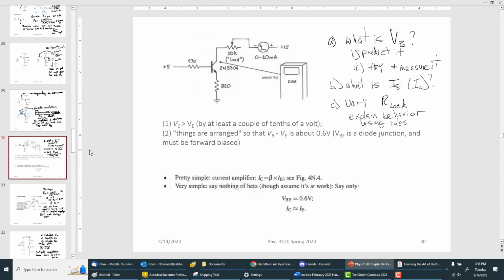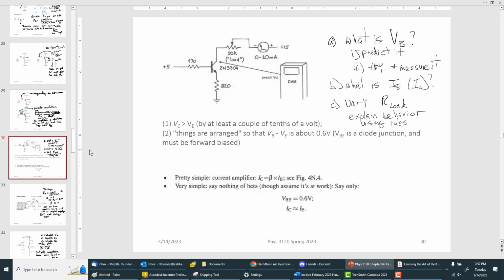And, of course, the first two conditions, VC and VE, and VB and VE. So to help you down that road, I will tell you, what is VB? What will voltage at B be, if you forgive me? Notice that's a fixed voltage, not a sine wave.